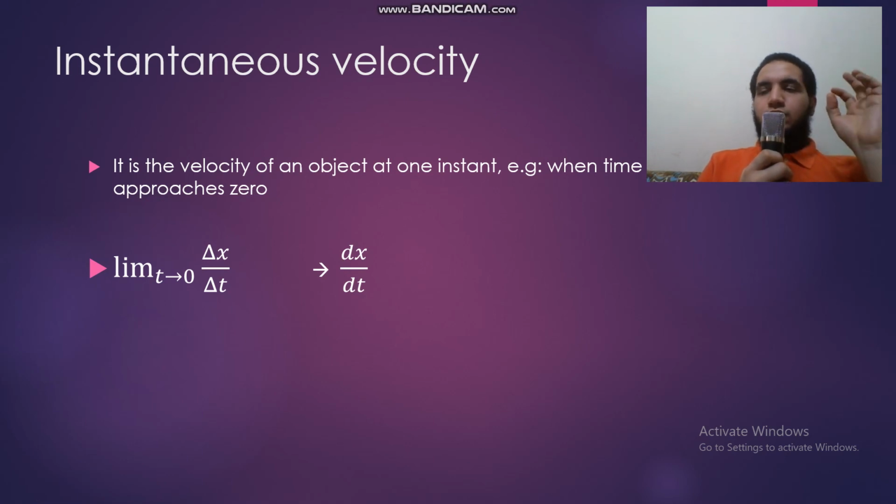So this was the beginning of calculus, and they said, okay, we will not state that time equals 0, but we will state that time approaches 0, meaning that it will be 0.000001. So at this instant we can get a whole number for the delta x, or the difference in displacement, although it will be very small, but it will be a number, so we can divide it by the very small time, and we will get a reasonable number.